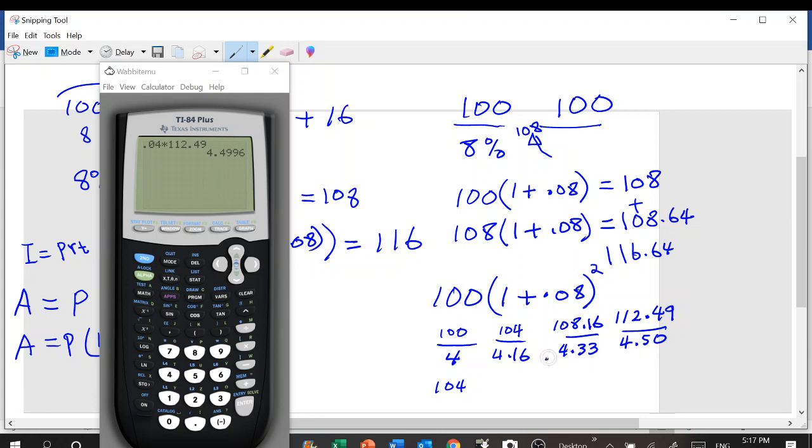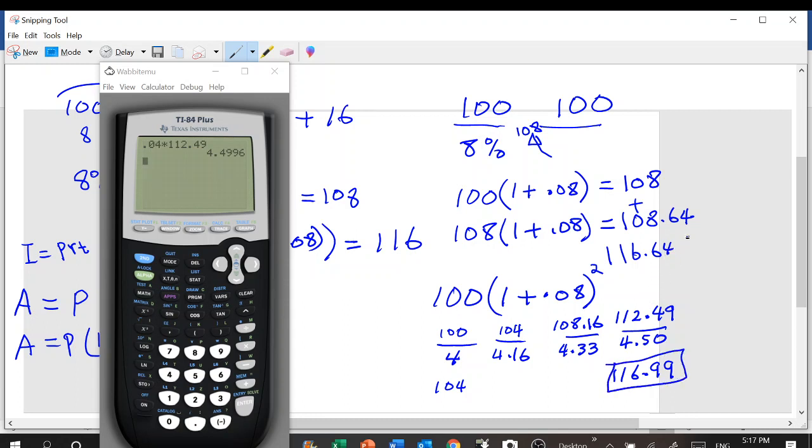Now you're going to add all of these, right? Which would be 112.49 plus 4.50. That would be 116.99, right? So that's how much I owe you.